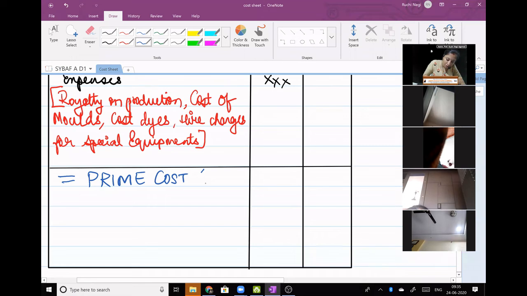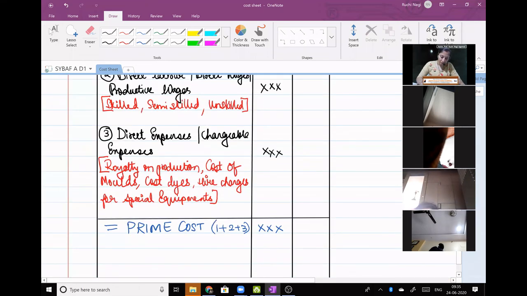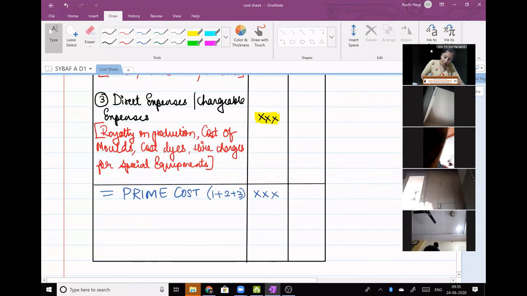What are you going to total? Direct material, direct labor, direct expenses. 1 plus 2 plus 3. This direct material, this direct labor, and this direct expenses, the total of all three is known as direct cost. It is also called prime cost. Any doubts till here?